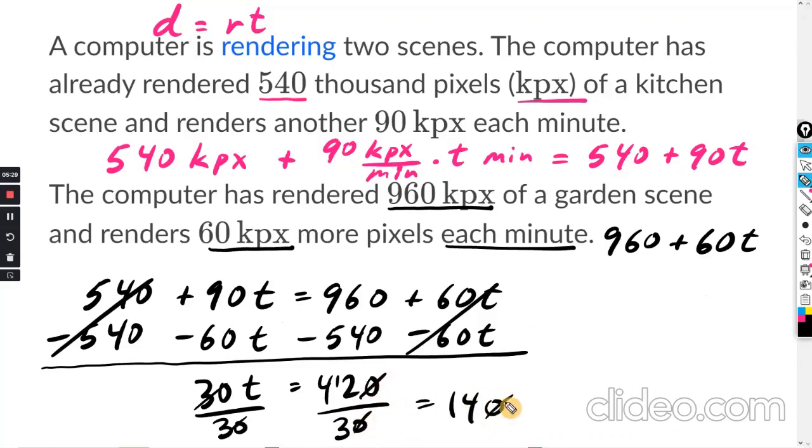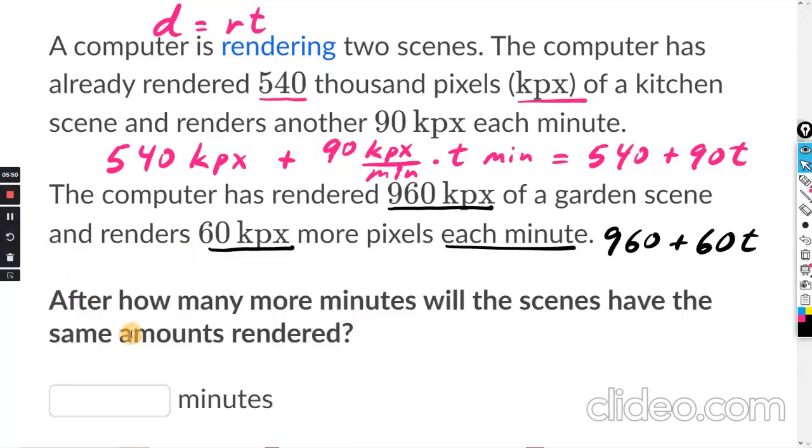So t equals 14. Okay, I did this manually. If you want to do 420 divided by 30 on the calculator, you'll get 14. So they asked how many more minutes will the scenes have the same amounts rendered, and that was 14 minutes.